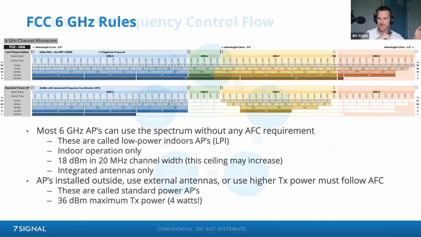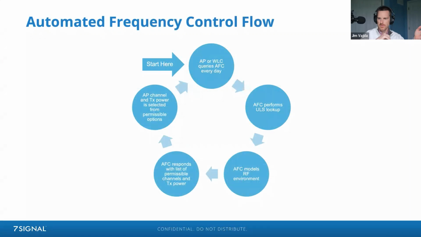So the flow for AFC: the access point or the WLC reaches out to the AFC service across the internet, and every day it has to request access to the spectrum. The AFC does a ULS lookup.